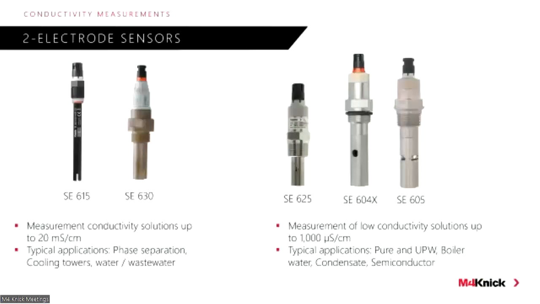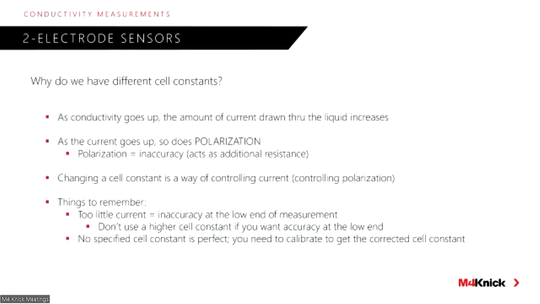So, specifically with these types of electrodes, we'll just move forward here. When you're looking at two electrode sensors, and again, specifically to that max measurement range, that 20 millisiemens measurement range, the reason we have additional electrodes in our portfolio really revolves around this phenomenon called polarization that takes place, again, at that higher range of a two electrode sensor.